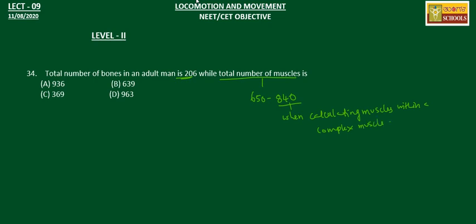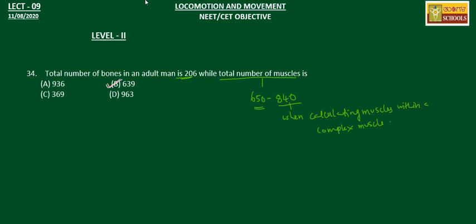Right? So when you see the options, they are more than 900 in A and D, and in the C option it is much lesser. The closer value to this 650 is 639. So the option we need to choose is the B option.